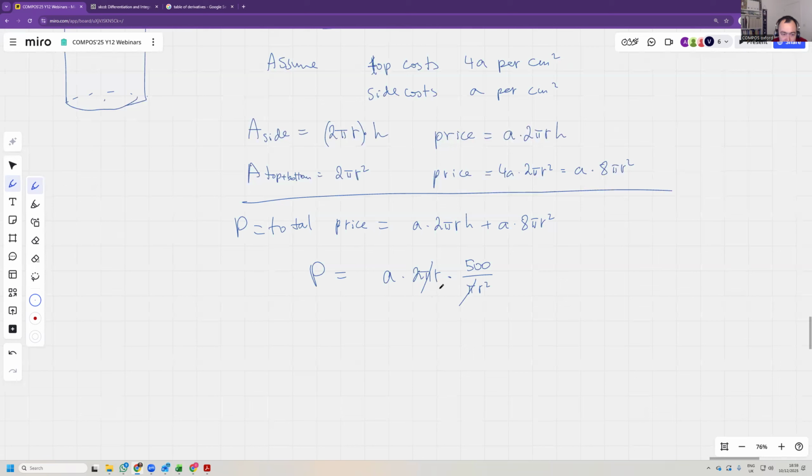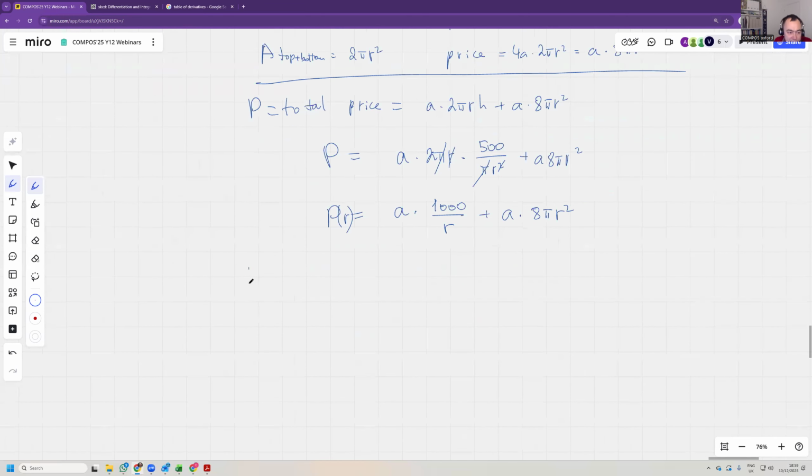Pi cancels, r cancels, plus a times 8 pi r squared. So P is a function of r. For different radius, the price is going to be different. Price depends on the radius. And this is a multiplied by 1,000 divided by r plus a multiplied by 8 pi r squared.